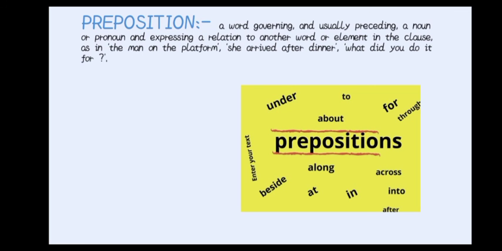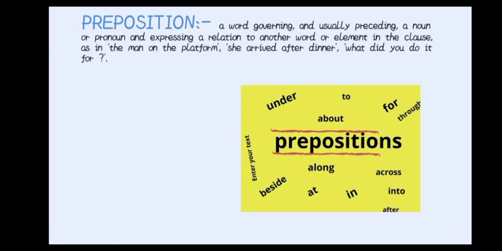Now, the next part of speech is your preposition. See, preposition is nothing else but it tells you the location, or you can say the place where the noun or the pronoun is, where the action is being performed.